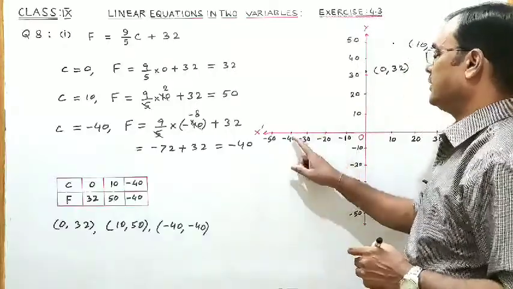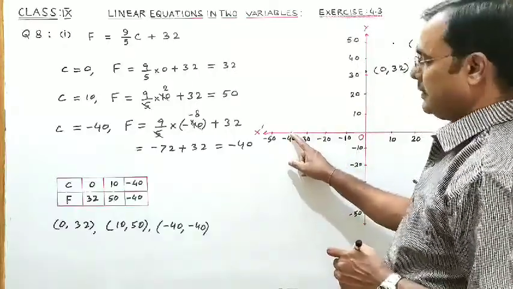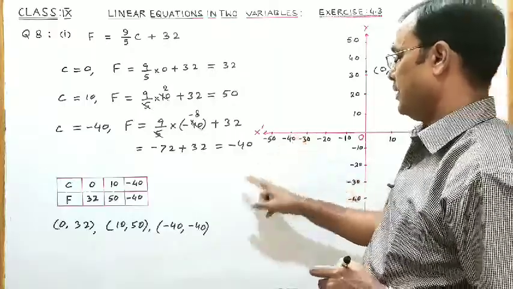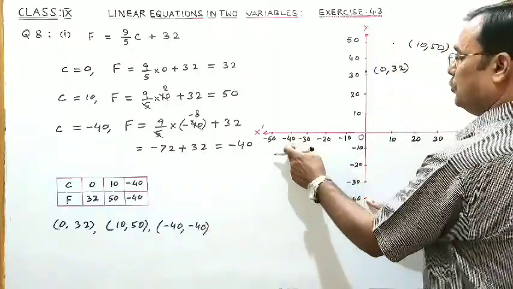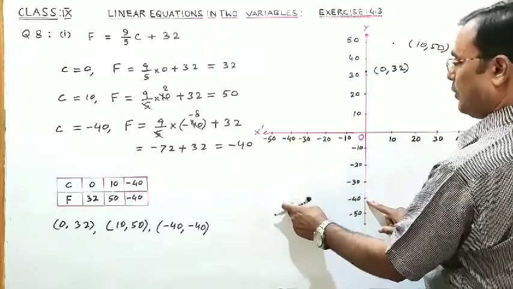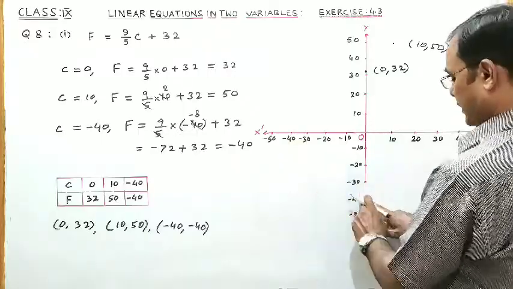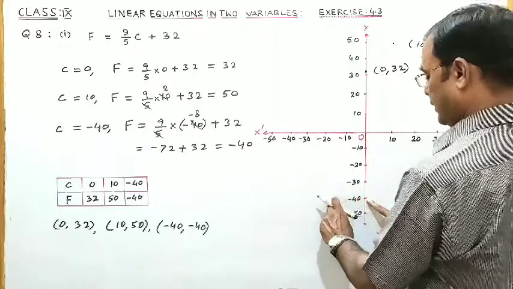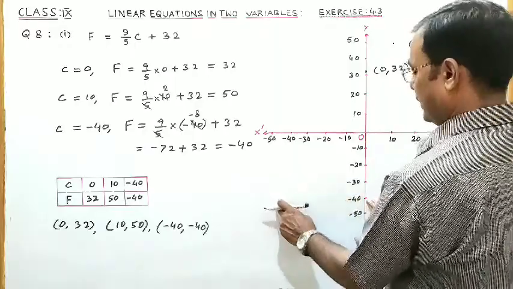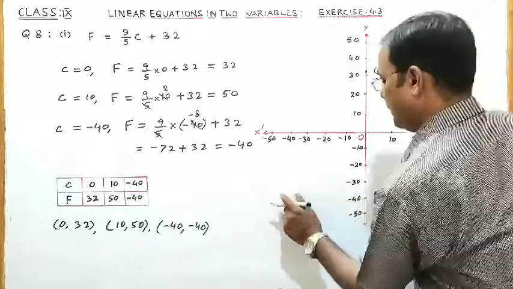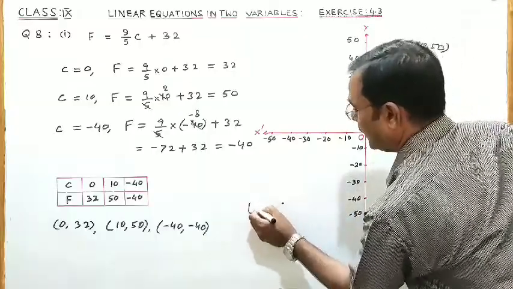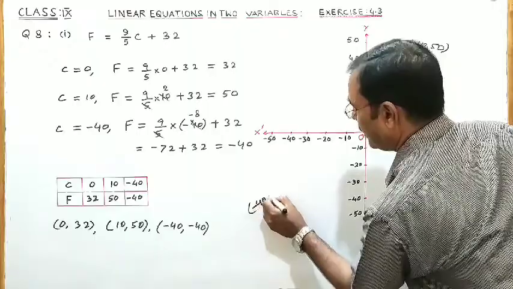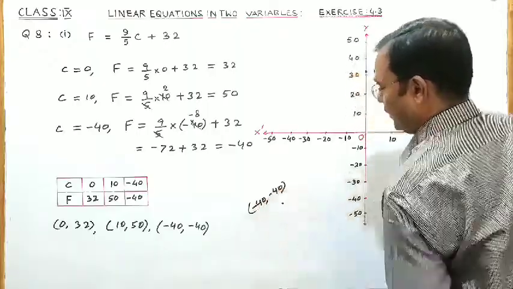So on the x-axis minus 40, this point, on the y-axis minus 40, this point. So move like this from the x-axis and move like this from the y-axis. So this will be the point whose coordinates will be minus 40, comma minus 40.